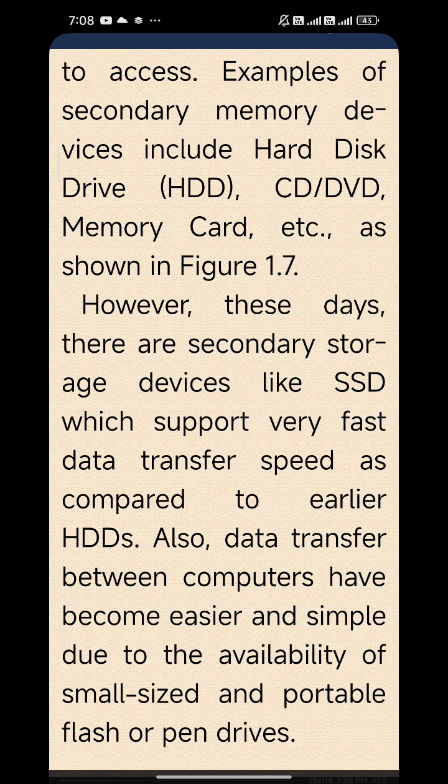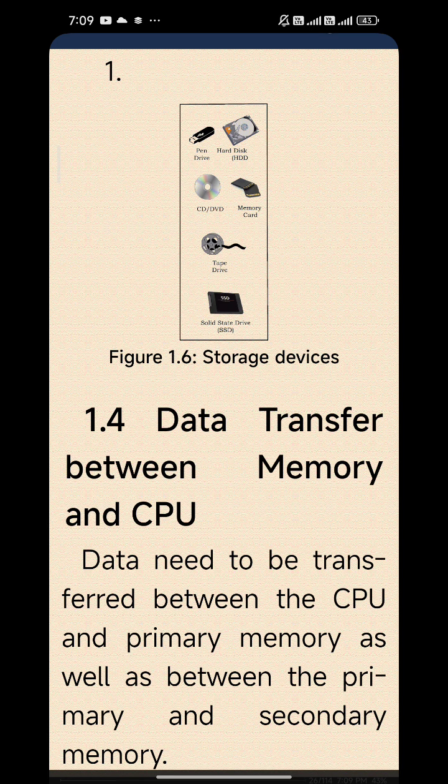Also, data transfer between computers has become easier and simpler due to the availability of small sized and portable flash or pen drives. Pen drive, hard disk, HDD, CD or DVD, memory card, tape drive, solid state drive, SSD, storage device.